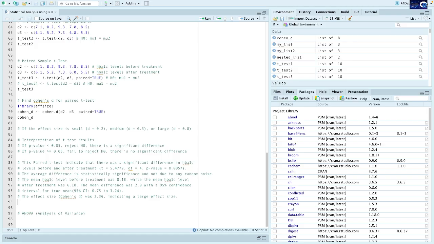Any questions here? Now, chi-square test is used when the data is categorical and observations are counts. If the observations are not counts, we convert them into counts using the table function, which gives a frequency table.